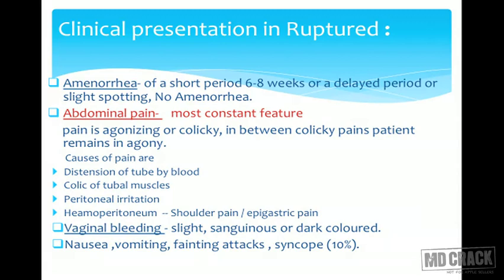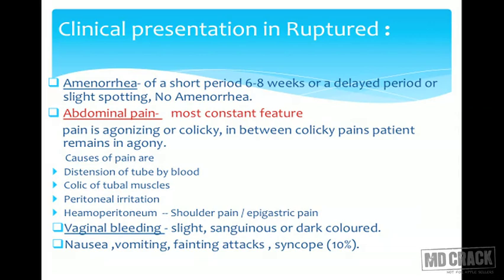So there is distension of the tube, the peritoneum is getting stretched, leading to pain. Colic of tubal muscle, peritoneal irritation, and hemoperitoneum all contribute to the pain in ectopic pregnancy. Hemoperitoneum, because of peritoneal irritation, can also lead to shoulder pain or epigastric pain along with abdominal pain.